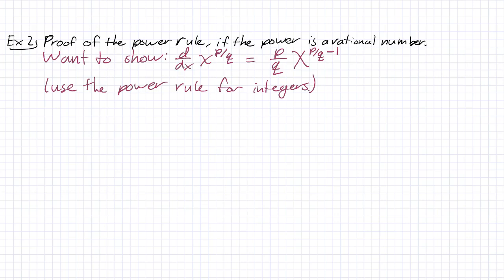So the trick is to write this x to the power p over q as a function where the result is y, and then I can raise both sides to the power q, and doing that makes it so we get y to the power q, and here a power to a power, they multiply, and the q cancel out, so we just get x to the power p.